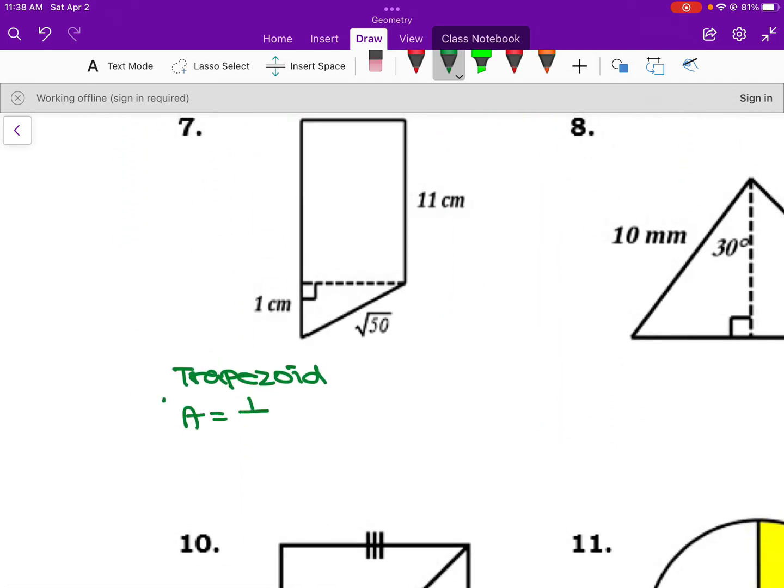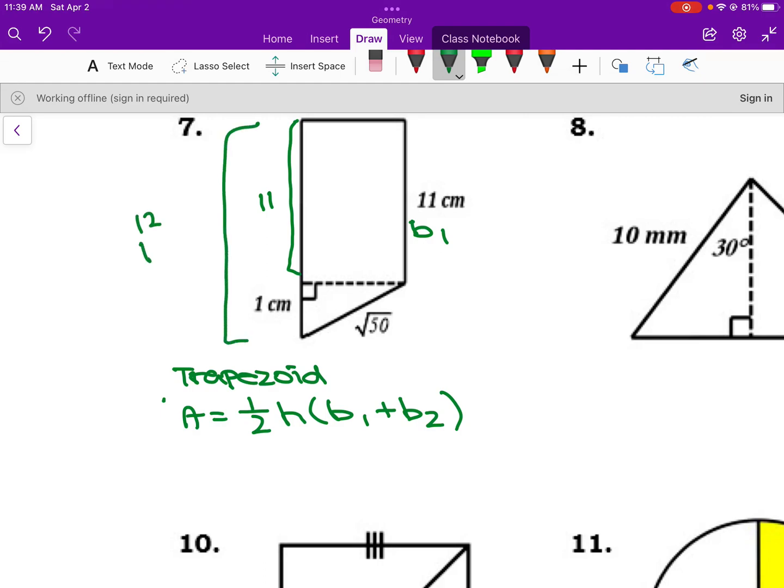So my area is 1/2 of the height times the sum of the individual bases. In my diagram here, they're giving me a base 1 of 11. And then if I know this also has to be 11 right here from this distance, so altogether, this would be a 12 for my base 2.